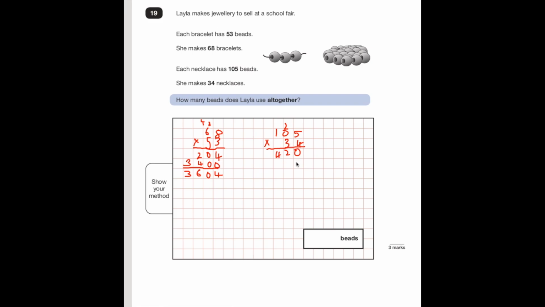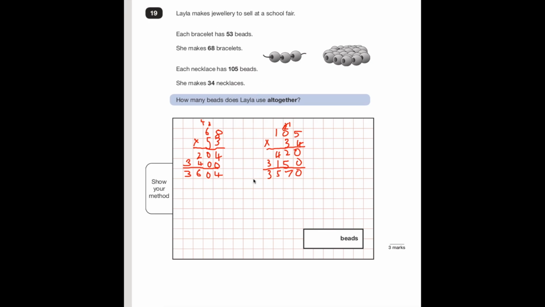Moving on to this column, we put our placeholder. 3 times 5 is 15. Put the 5, carry the 1. 3 times nothing is nothing, plus the 1 is 1. 3 times 1 is 3. We add these answers together. Nothing, 7, 5, and 3. That's how many beads Layla needs to make all these necklaces.